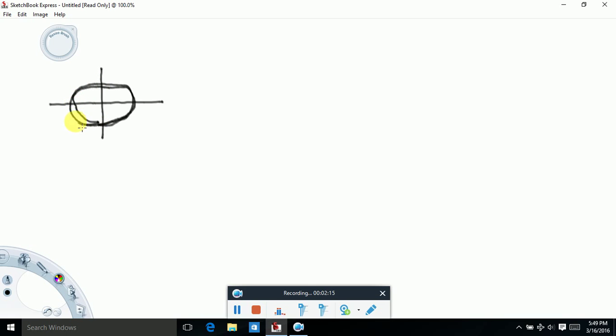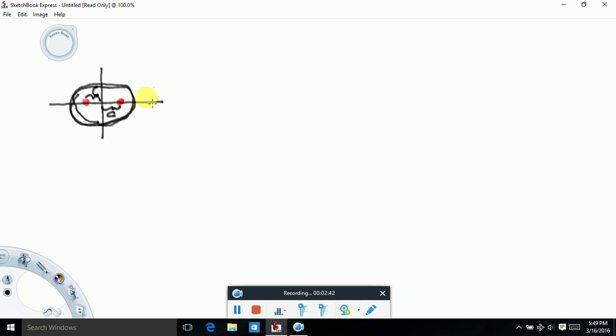We have two foci, one of which is here and the other one is here. If we were to label the distance from the origin to the foci, we'll call it C. Again, the distance from either focus to the origin is C.